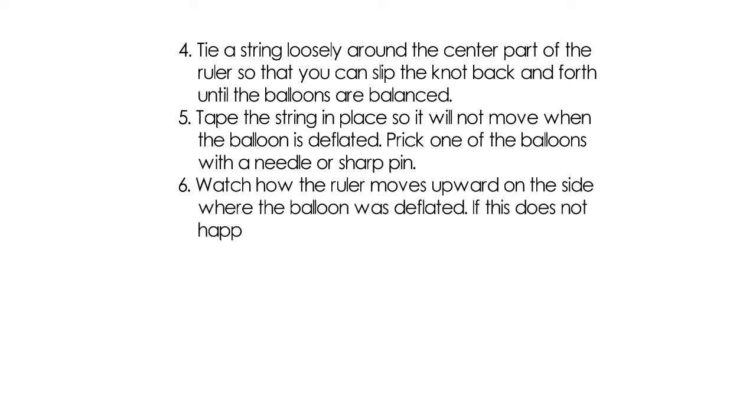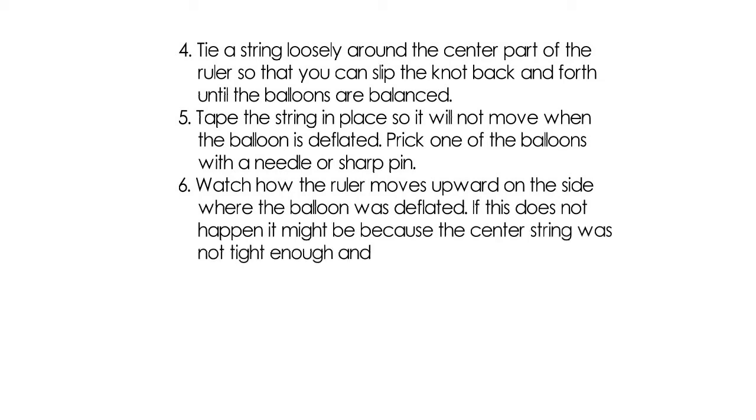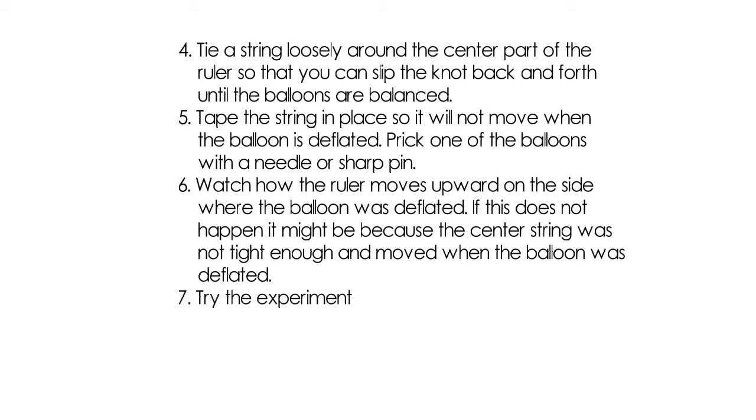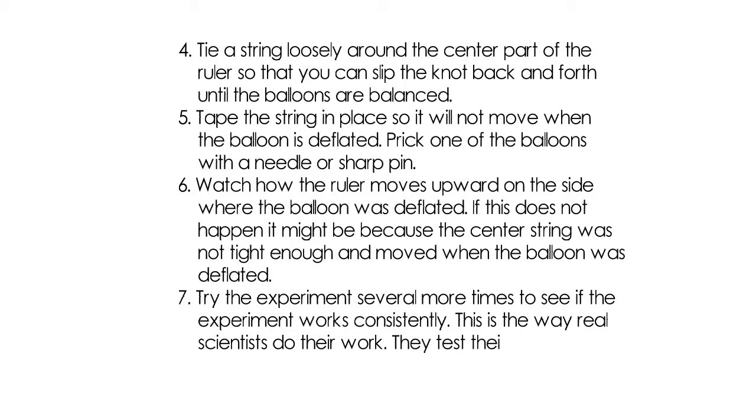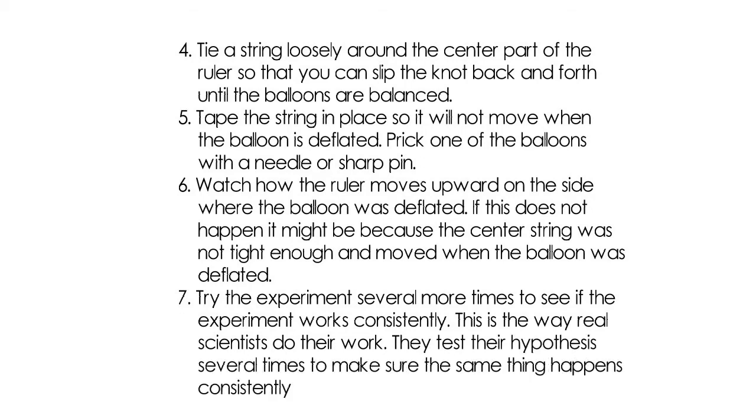If this does not happen, it might be because the center string was not tight enough and moved when the balloon was deflated. Try the experiment several more times to see if the experiment works consistently. This is the way real scientists do their work. They test their hypothesis several times to make sure the same thing happens consistently.